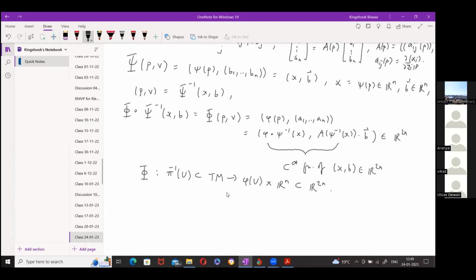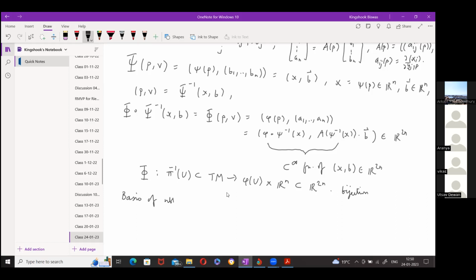TM is just a set, so this map is just a bijection. But using this bijection, I can define a topology on TM. You just have to define a basis of neighborhoods of each point.